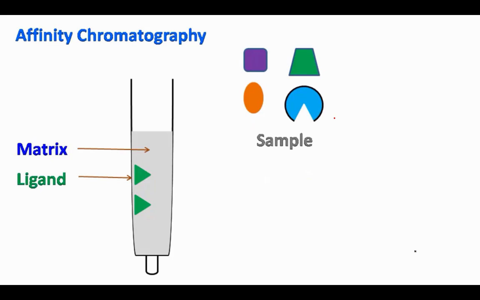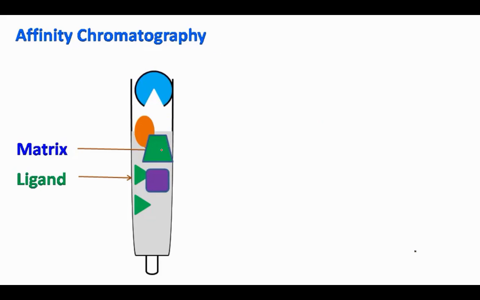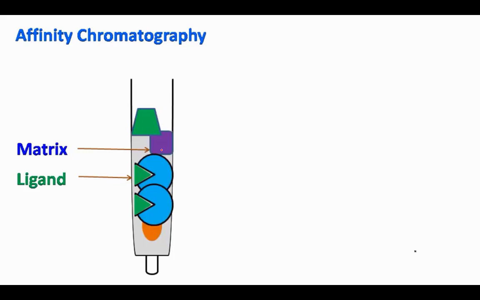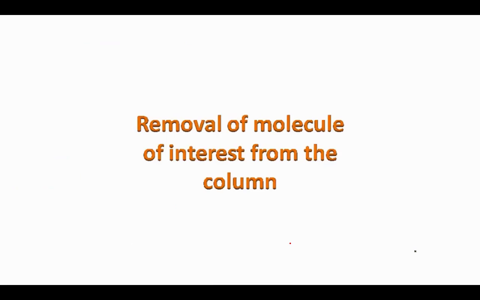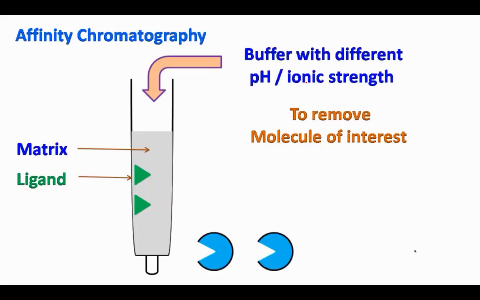In case of its working, generally the mixture sample is added into the column, and the sample which has specificity for the ligand can bind to the ligand. The rest will be easily removed. Then we can remove the sample of interest from the ligand by changing the pH or using a different pH with different ionic strength.